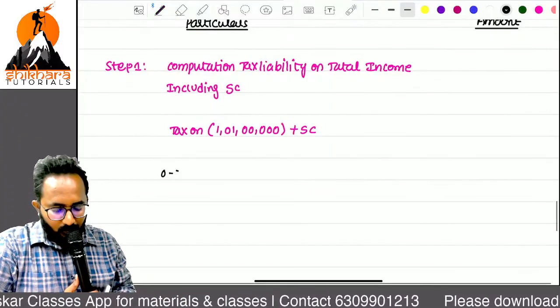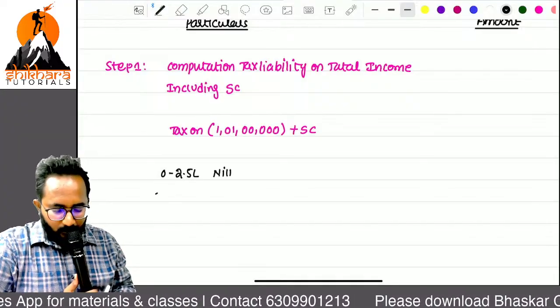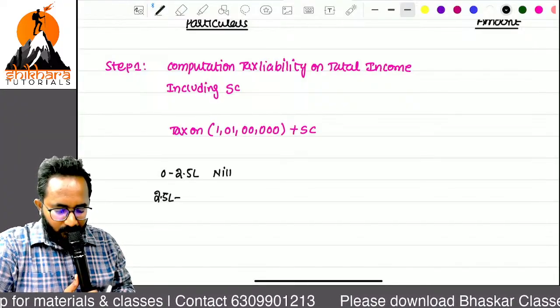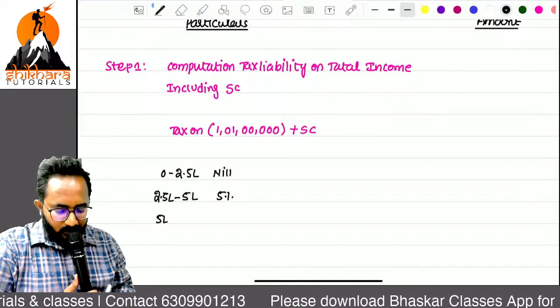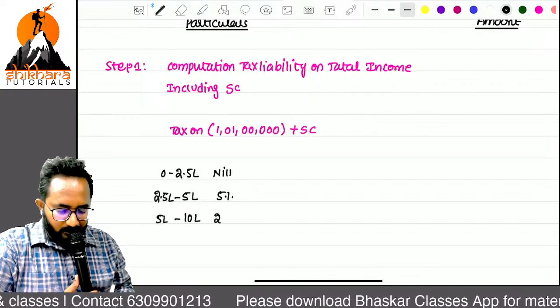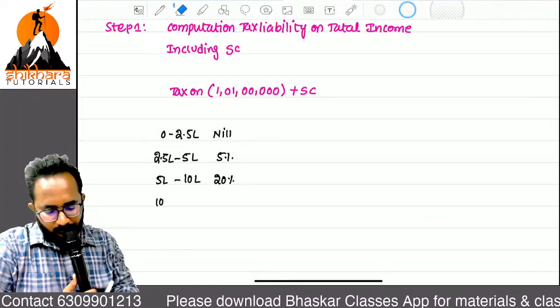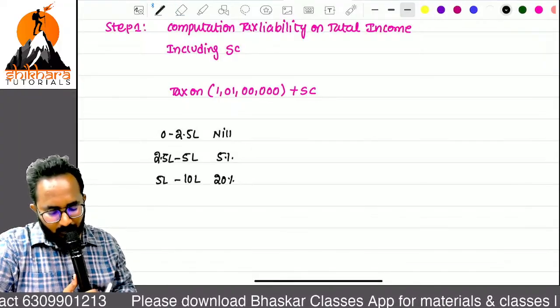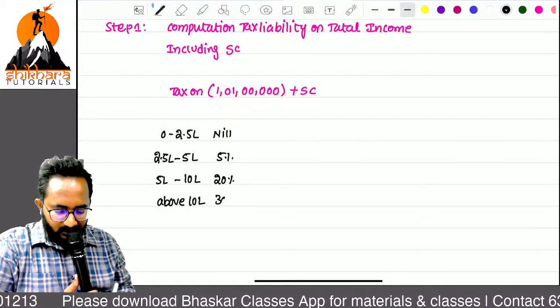0 to 2.5 lakh, yes ma, nil. 2.5 lakhs to 5 lakh, 5%. 5 lakh to 10 lakh, 20%. Next ma, above 10 lakh. So please help me with your computations ma.